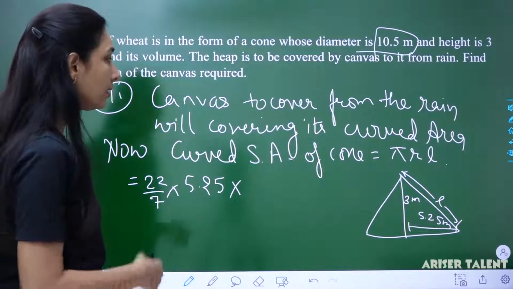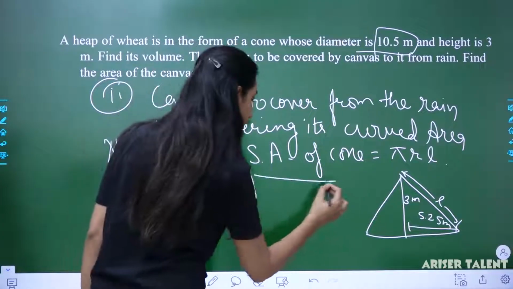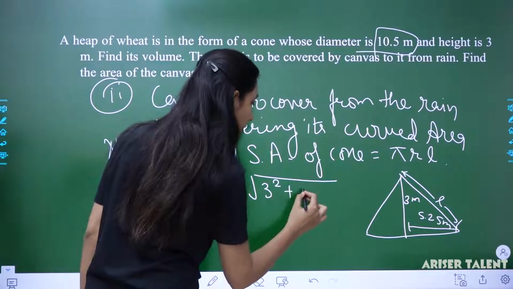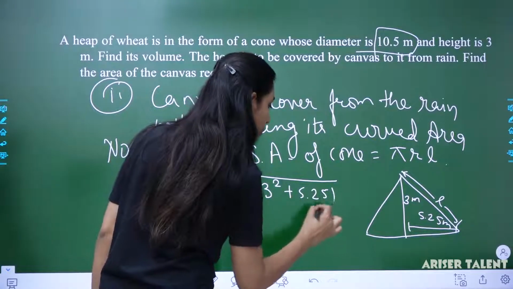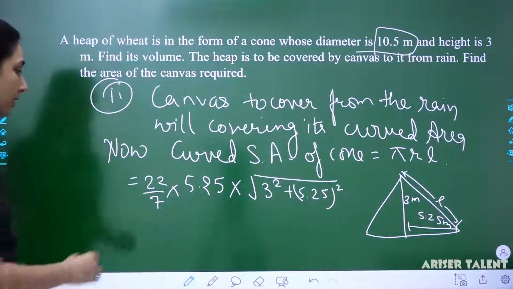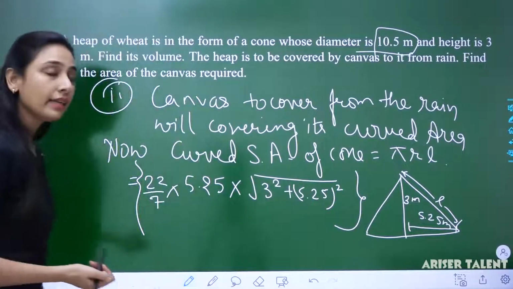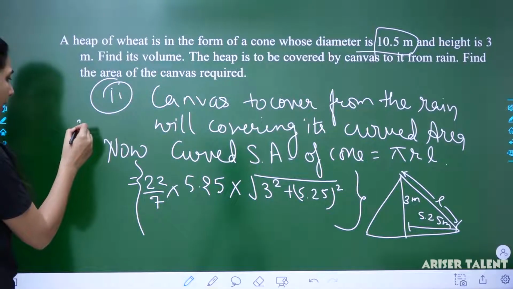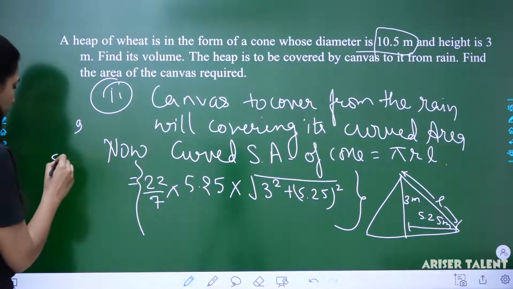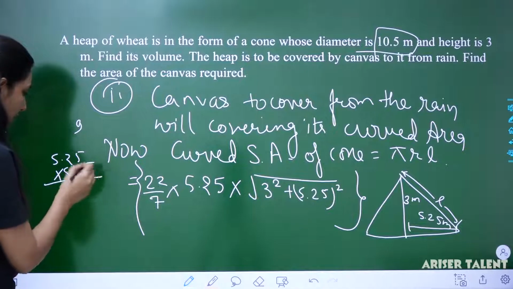Okay, and the length will be root of 3 square plus 5.25 whole square. Its root will be what? The value of L here. Now I will be calculating it and getting the answer done. So that will be 9 and that will be 5.25 multiplied by 5.25.